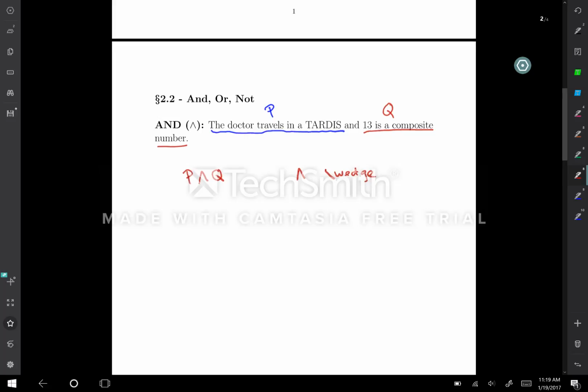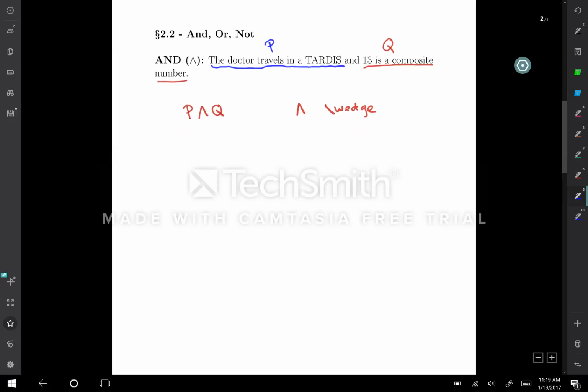Now ultimately, we're interested in whether this statement is true or false. So we need to consider all possibilities for both of our statements and how they are put together. So we have P, we have Q, P and Q.